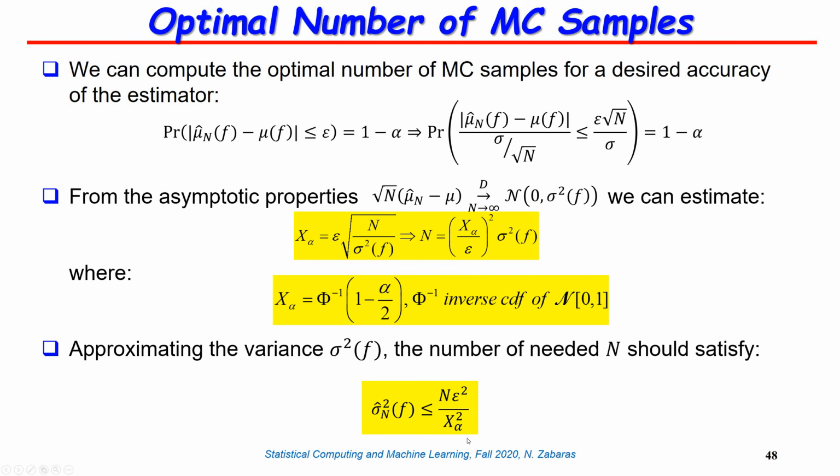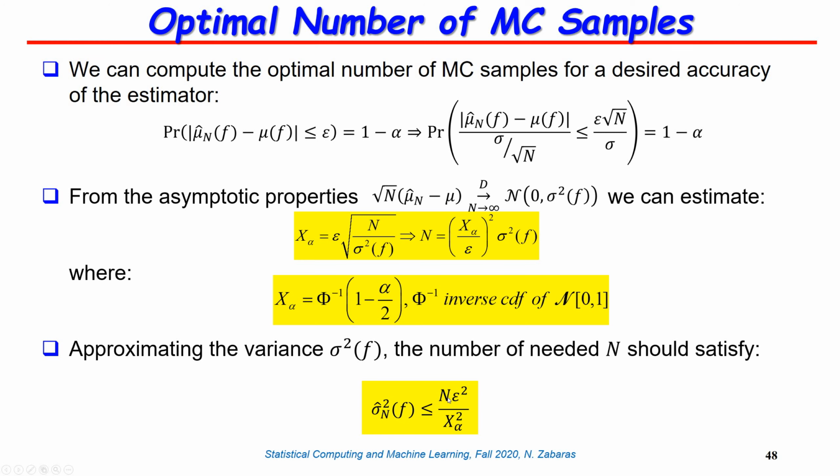And x alpha is this inverse CDF for the standard Gaussian evaluated at 1 minus alpha over 2, and that's it, okay? I am sure you can spend a little bit more time studying this slide, all right? It's nothing but using CDF tables, but it allows you to compute the number of samples that you need for a given epsilon to make this probability 1 minus alpha.